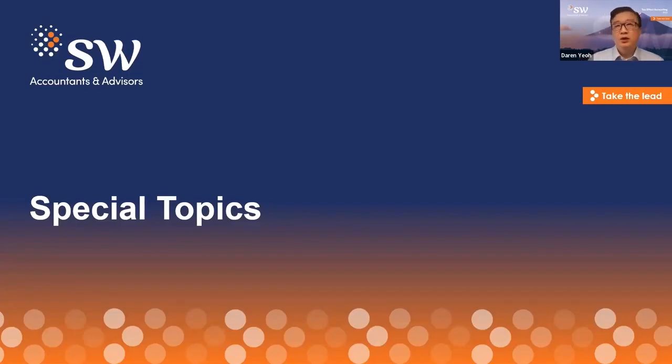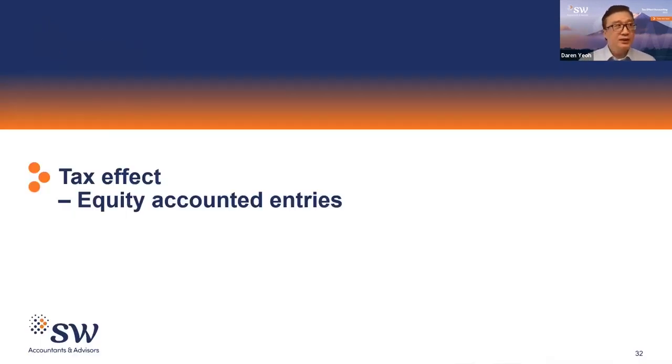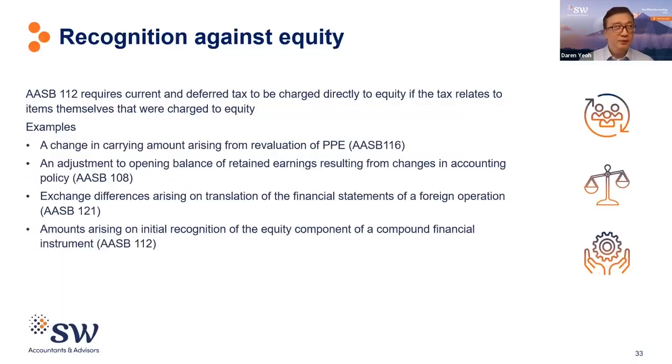Okay, now we'll go through some of the more complicated topics, and we'll start with equity accounted entries. AASB 112, to put it into context, says that when you recognize a deferred tax asset or liability, you need to refer to and follow the original accounting entry which gave rise to the temporary difference.